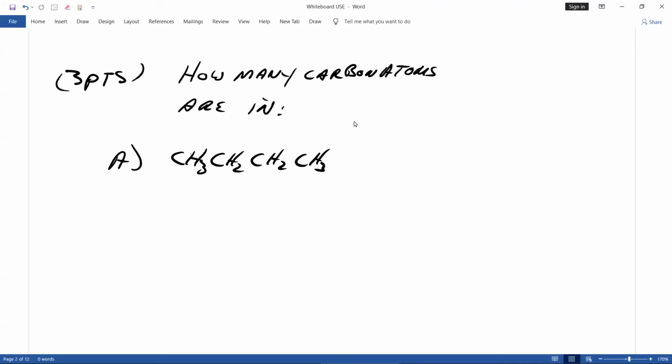You count the carbons, letter C. 1, 2, 3, 4. So the answer is 4.